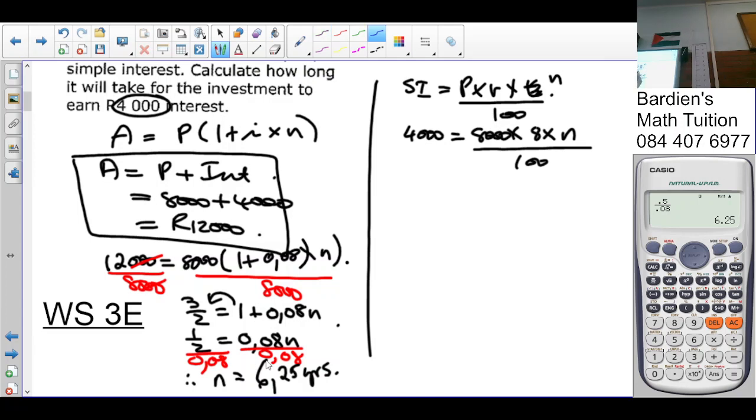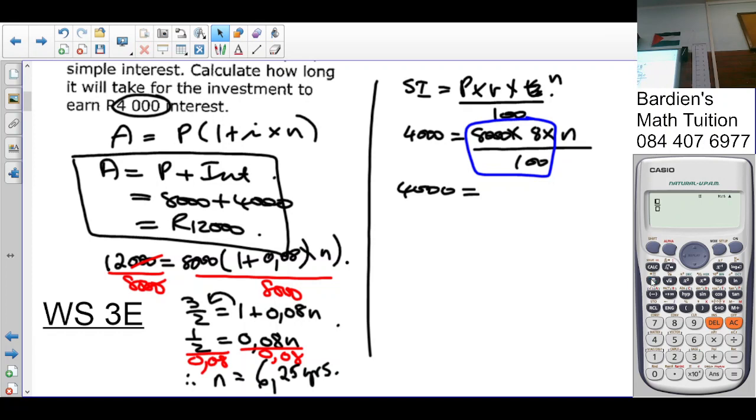So I can put this part in the calculator. So it's going to be 4,000 equals 8,000 times 8 over 100, which is 640N.